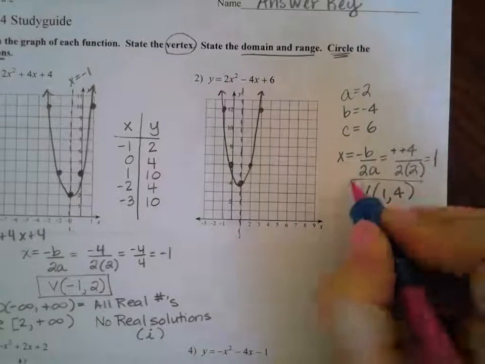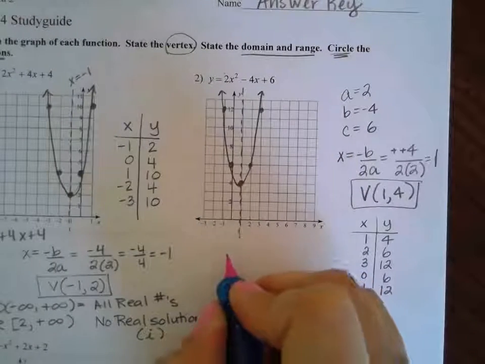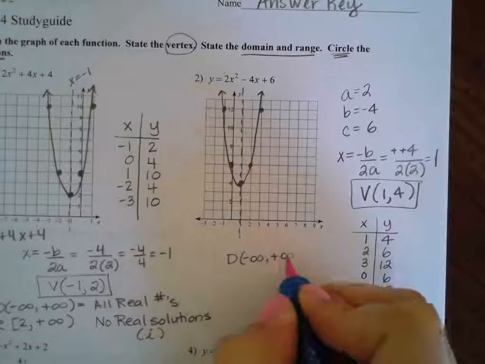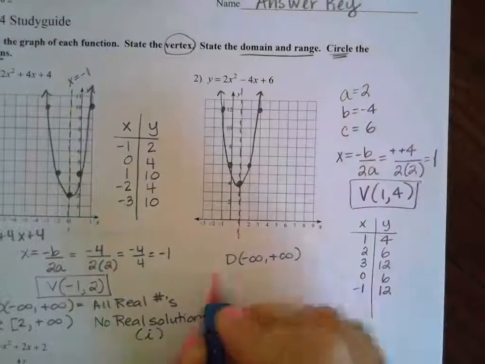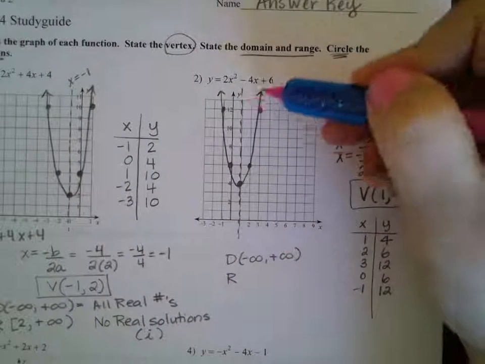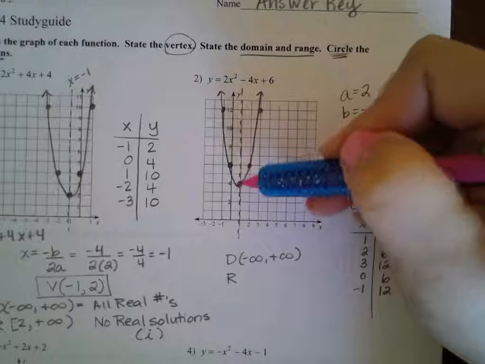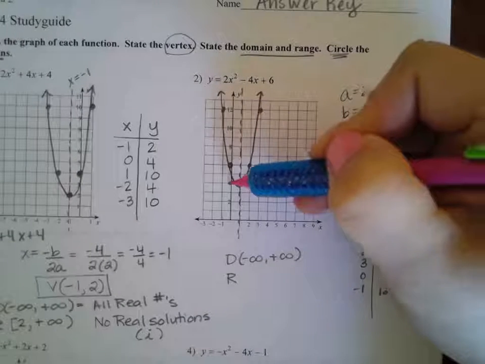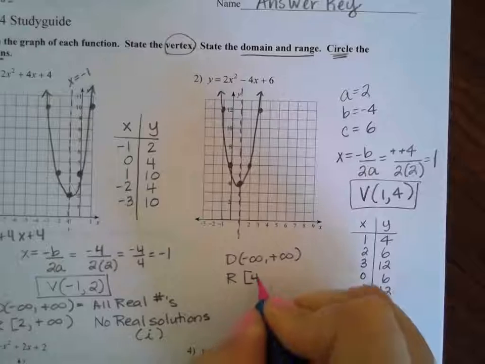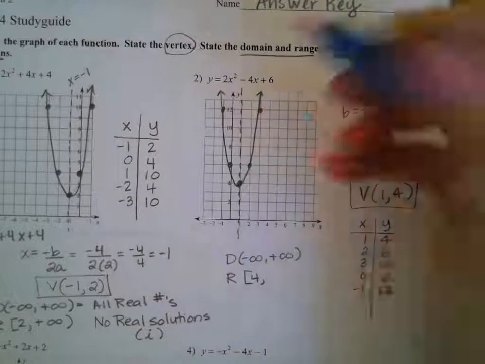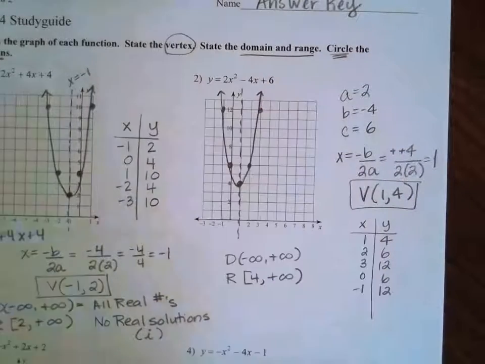So we got the vertex. Domain for all of these is negative infinity to positive infinity. Your range is how low the parabola goes. So the lowest point is right here, that's at 4, to how high it goes. So that's positive infinity.